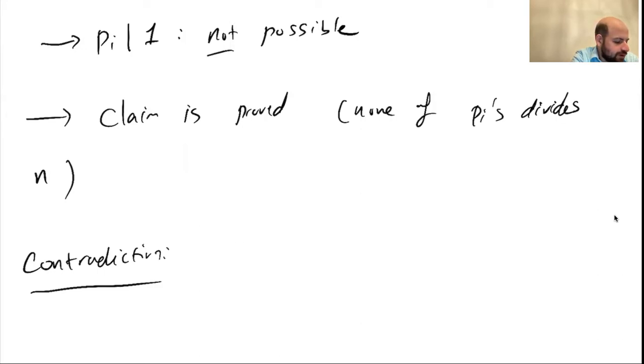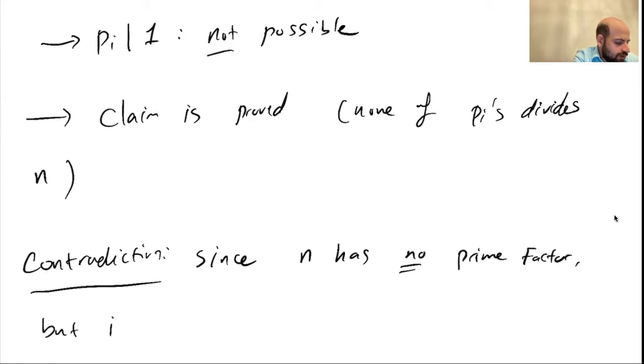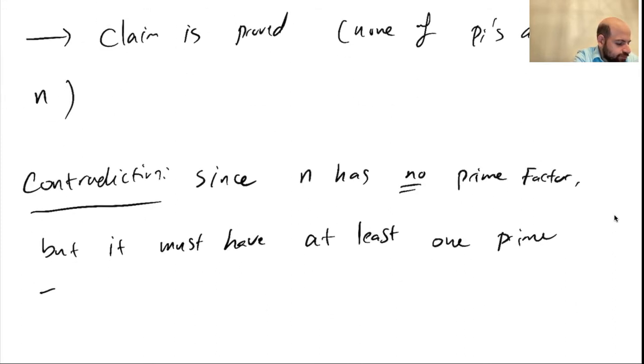So n has no prime factor, but it must have at least one prime factor, according to the fundamental theorem of arithmetic.